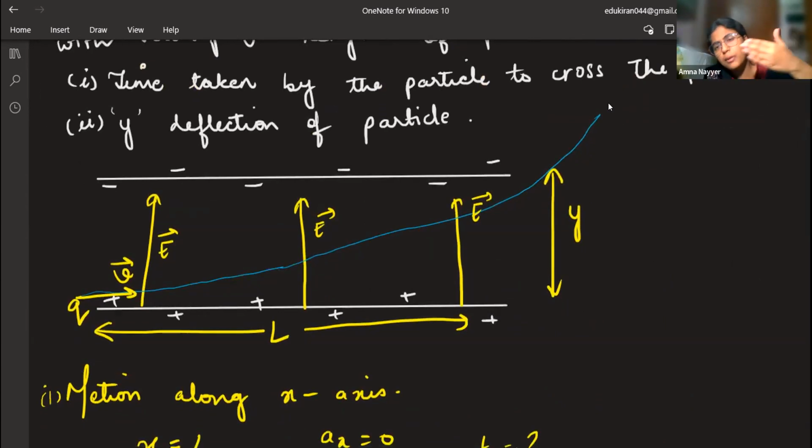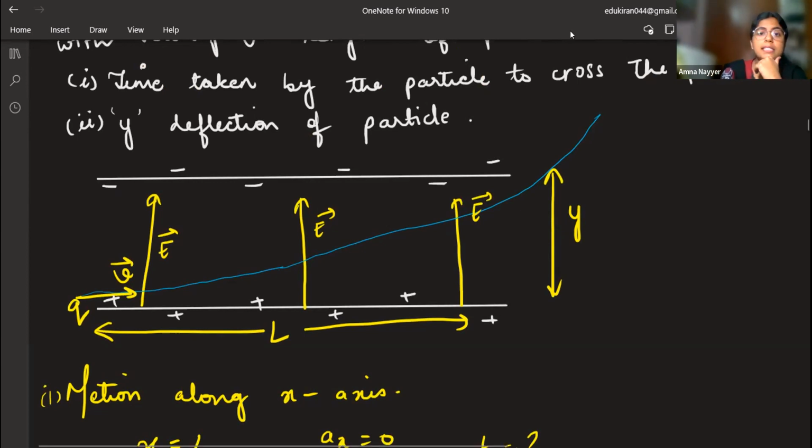Obviously the plate will be crossed along the x-axis, so we wrote everything regarding the x-axis, used our kinematic equation and obtained the time period that was asked. Similarly, we apply the equation for the y-axis also because deflection is asked, and the particle will get deflected along the y-axis only. Whenever deflection is asked, try to make such diagrams by yourself.